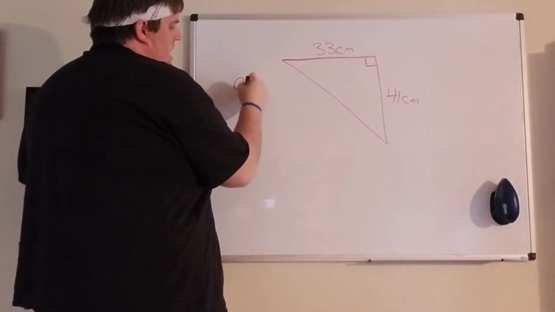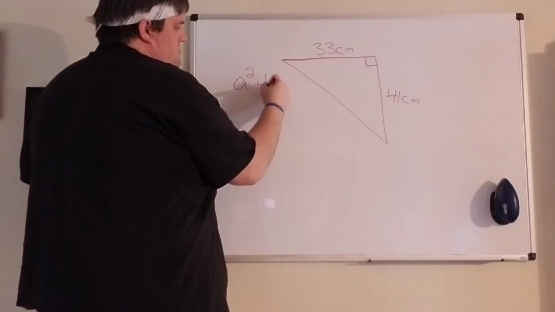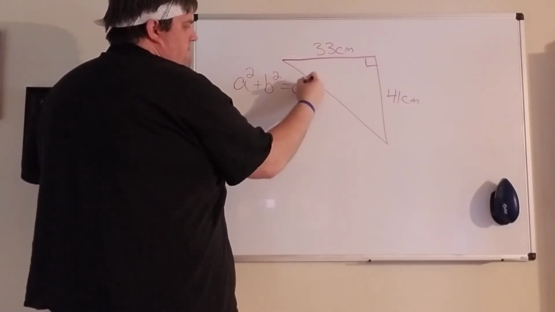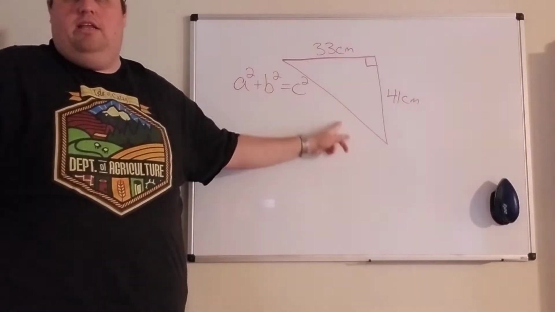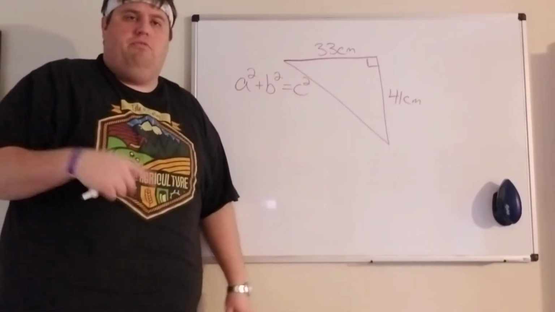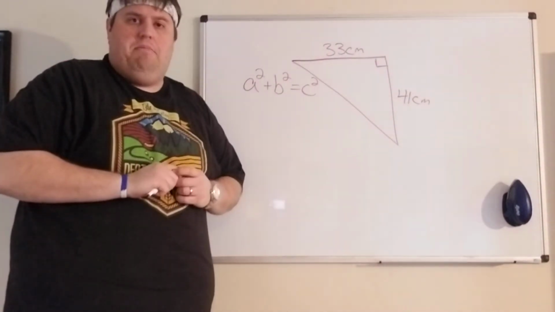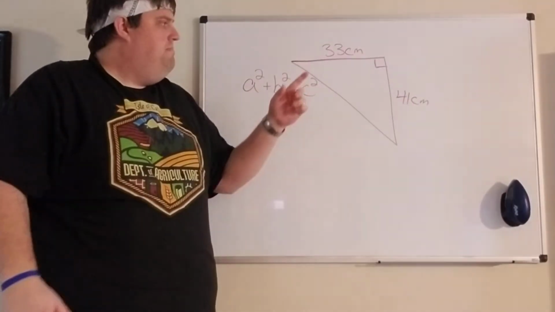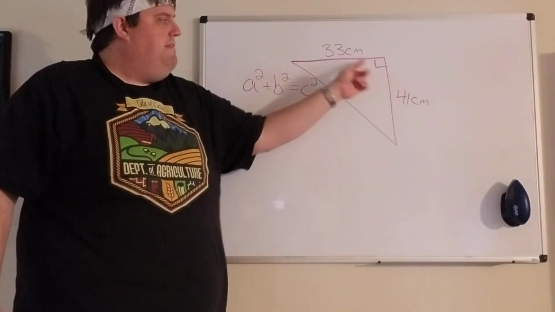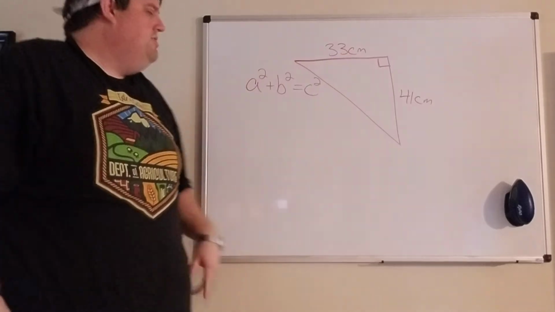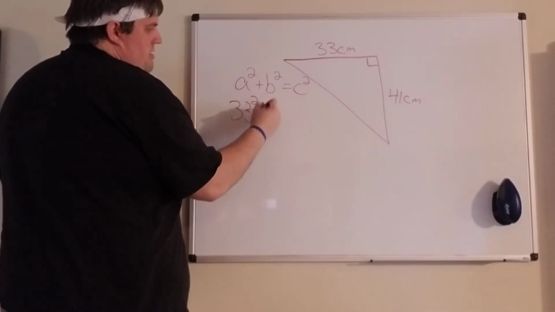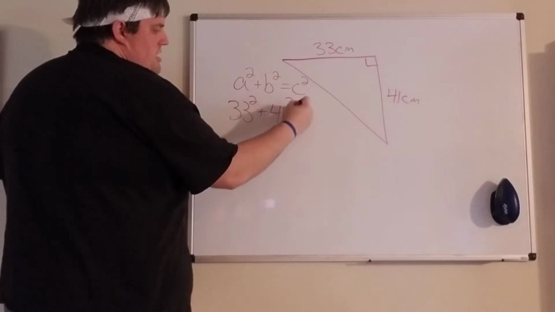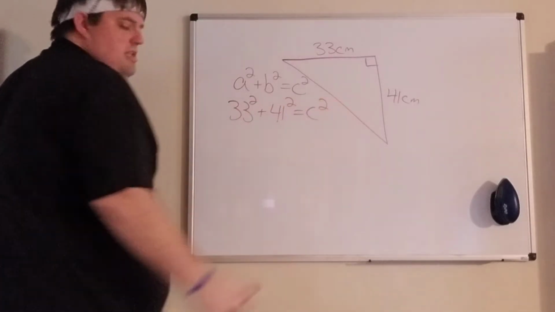So when I write out my Pythagorean theorem, a squared plus b squared equals c squared, c has to be this hypotenuse side. A couple of you put in wrong sides. I commented back to you. Remember, these two sides have to be a and b. So in this case, we would just go 33 squared plus 41 squared equals c squared.